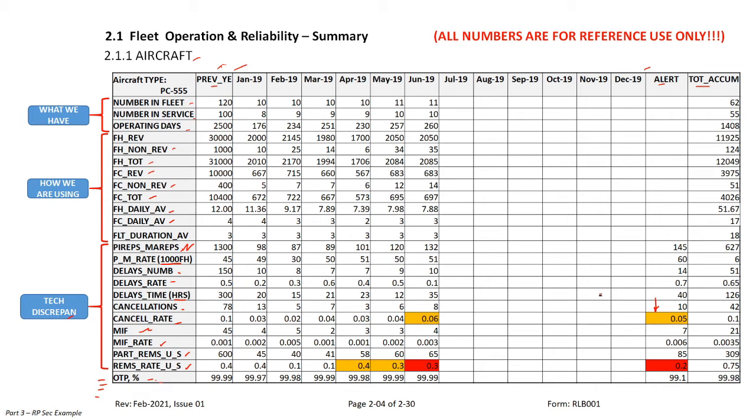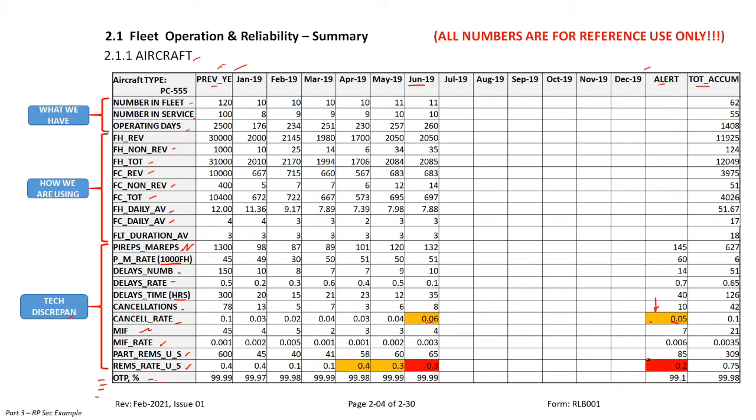But in your case, it can be completely different. The yellow cell means that in a reporting month, the number equals or exceeds our alert level. As you can see, the last reporting month is June 2019.